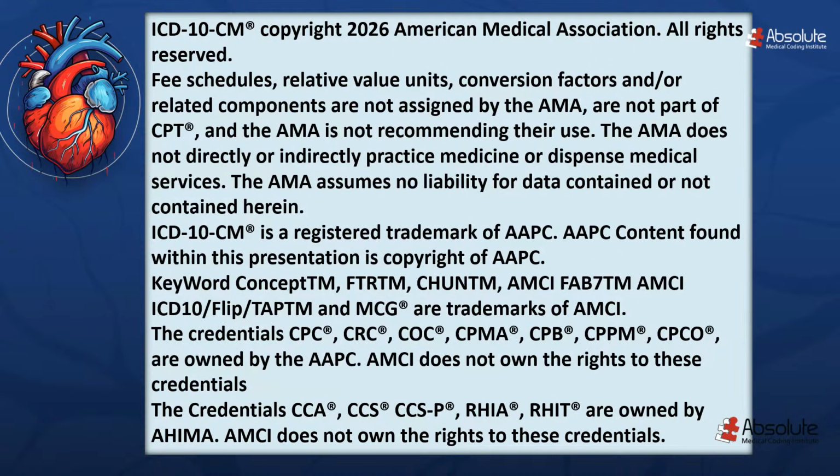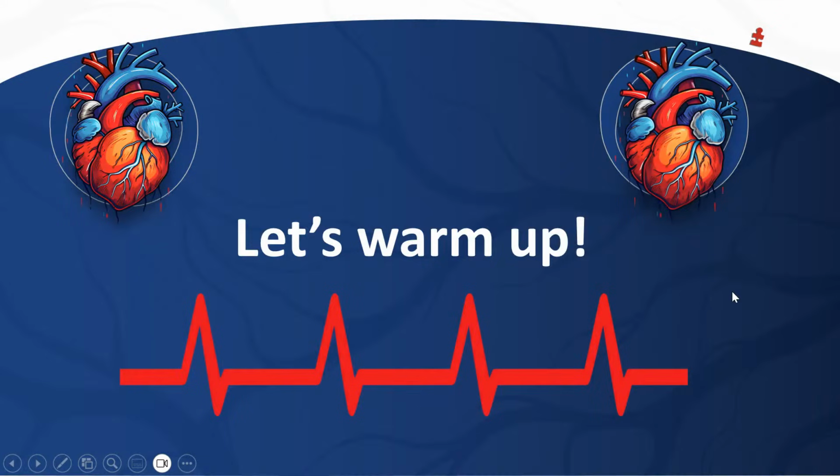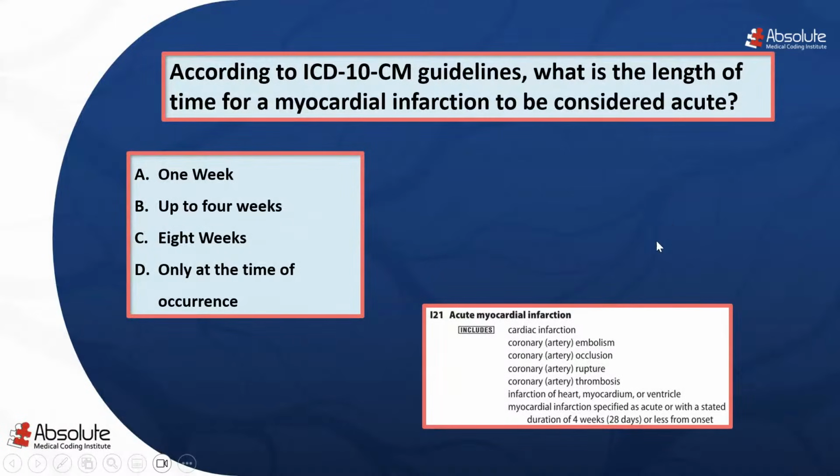All right, with that all being said, we are going to go with a warm up if everyone is ready. Let's get into our first warm up question of the day. According to ICD-10-CM guidelines, what is the length of time for a myocardial infarction to be considered acute?